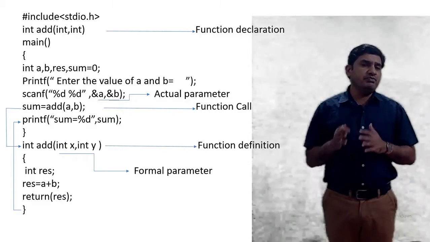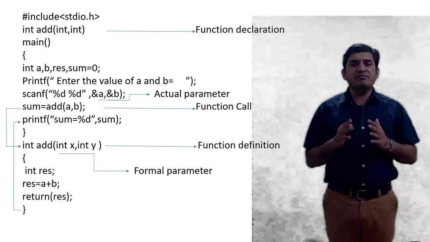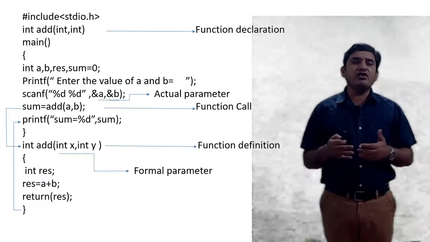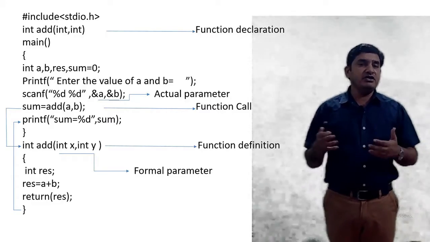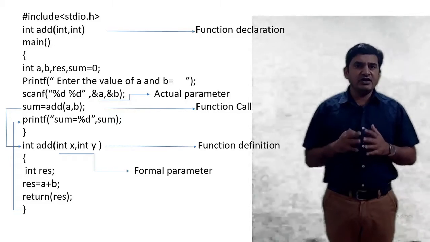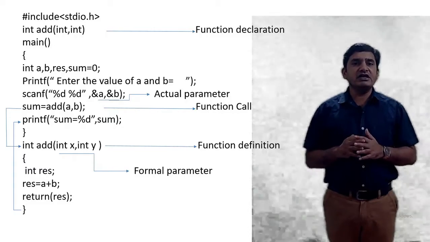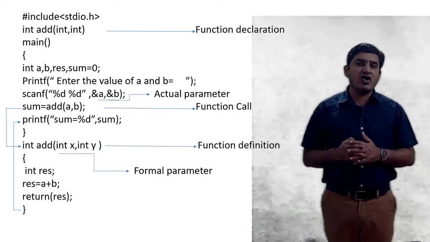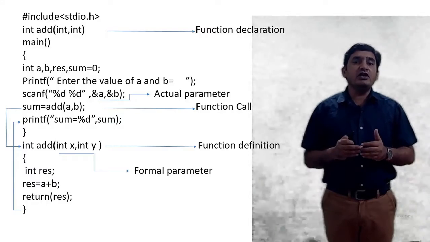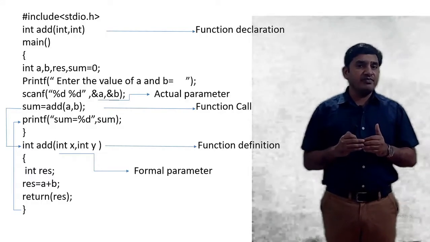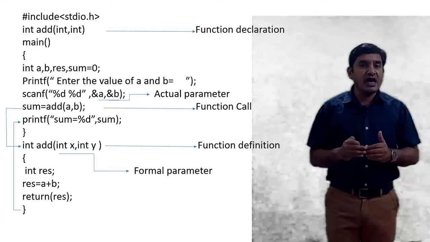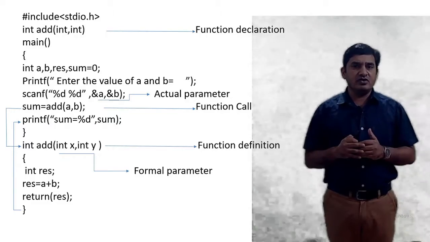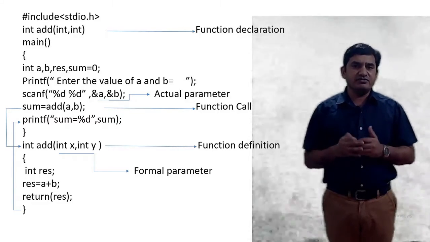Since a and b are both integers, we use %d with a and b, so that the values of a and b can be given to the computer. Then sum is equal to add(a, b). This is a function call, which gives the logic of the program, so that we get the sum.